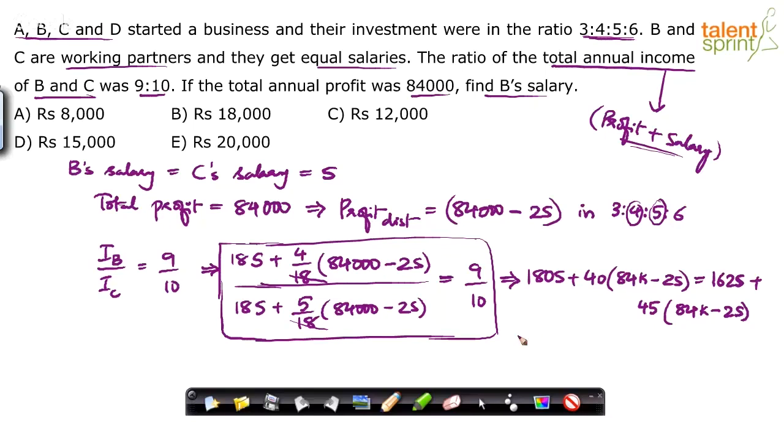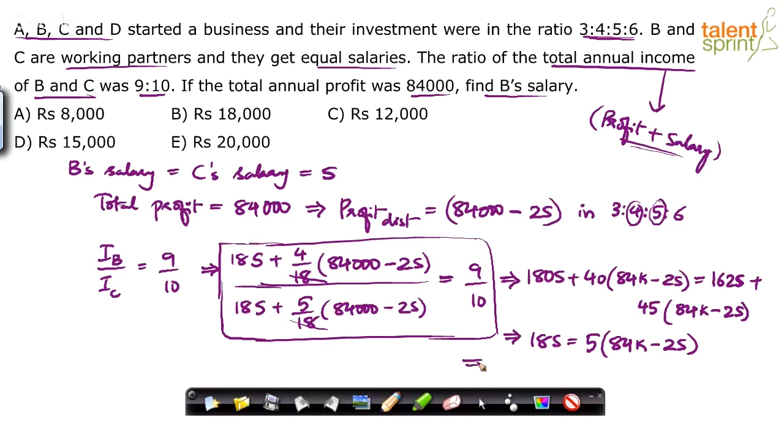Simplify now. So in the next step, 180S minus 162S, 18S equals 45 into this multiple minus 40 into the same multiple. So 45 minus 40, 5 times of 84K minus 2S.